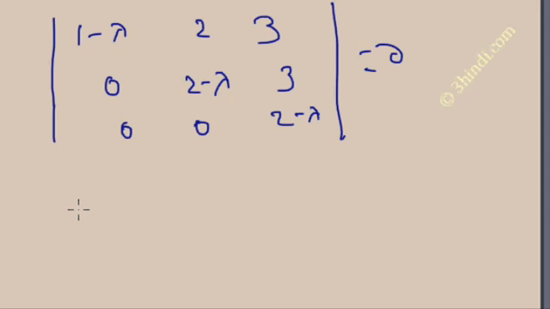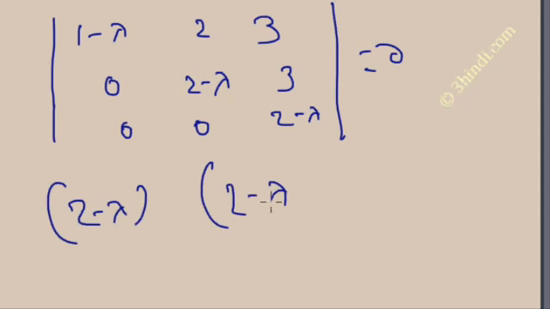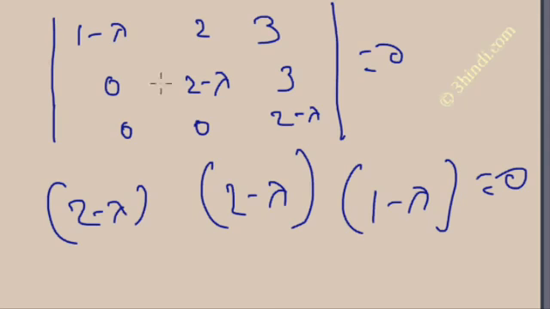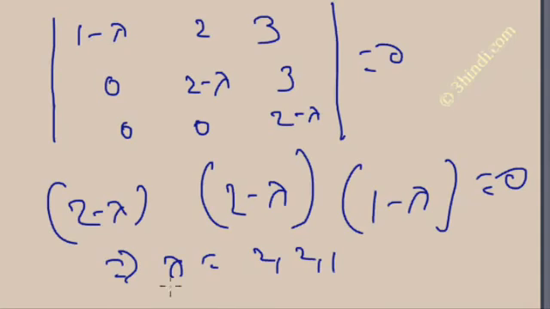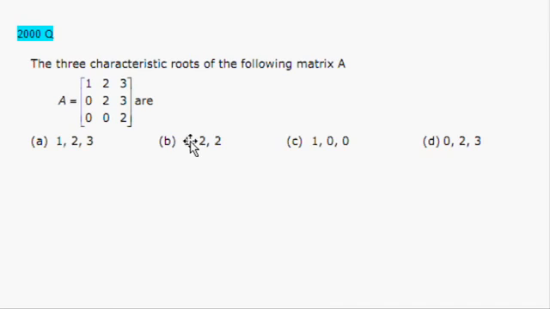So the solution will be 2 minus lambda into 2 minus lambda into 1 minus lambda is equal to 0. This means lambda is equal to 1, 2, 2. So this is the correct solution, B.